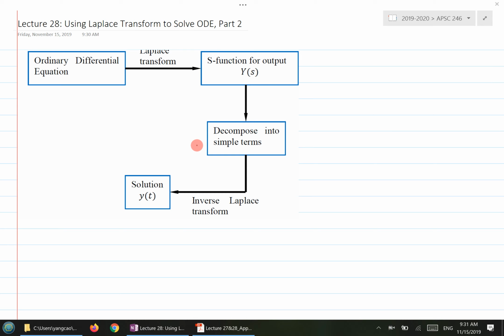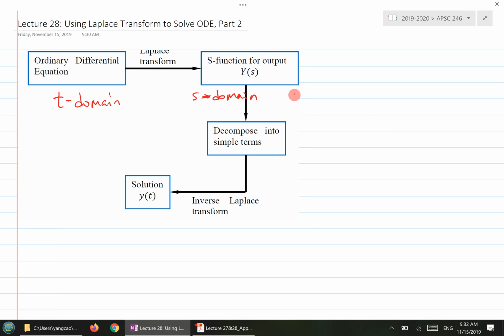The process involves a major step. First, you transform the original ordinary differential equation from the time domain, the t domain, into the s domain. So you get an s function for the output Y(s).